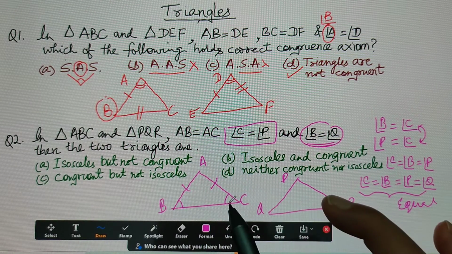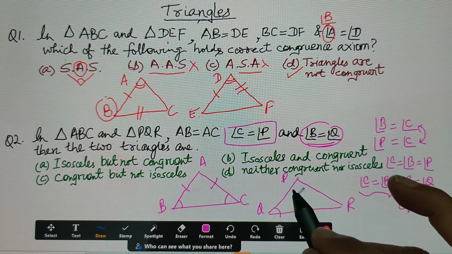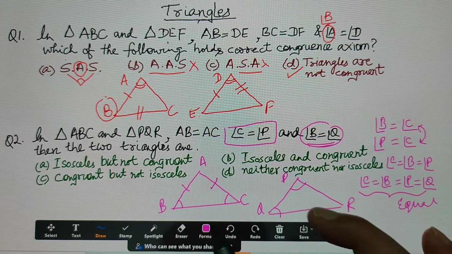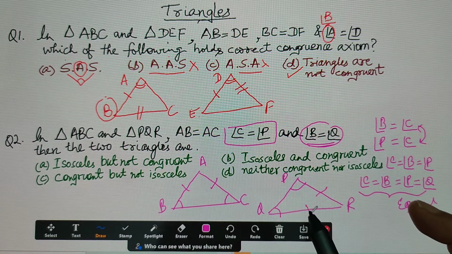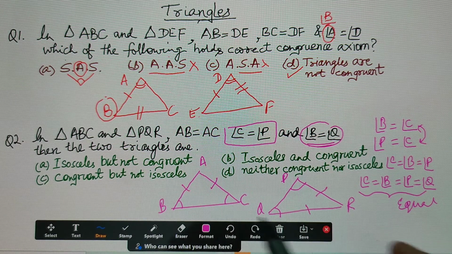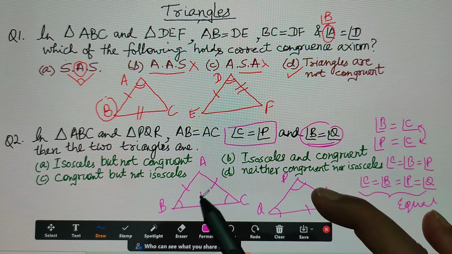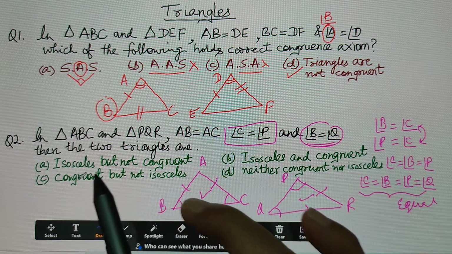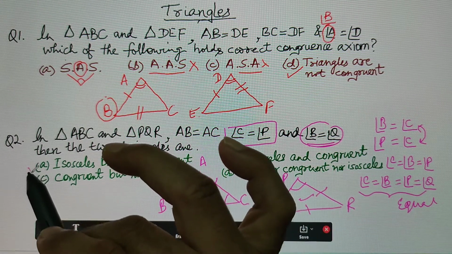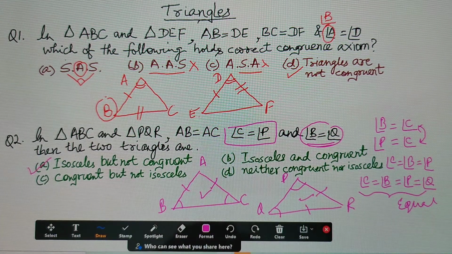Angle B, angle C, angle Q and angle P are equal. That means PR is equal to QR. So these two triangles are isosceles triangles, but they are not congruent. Isosceles but not congruent. So option A is the right answer.